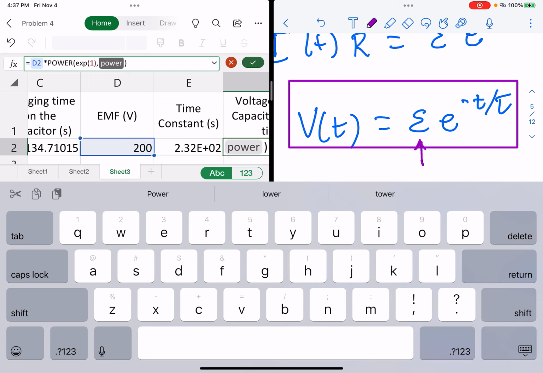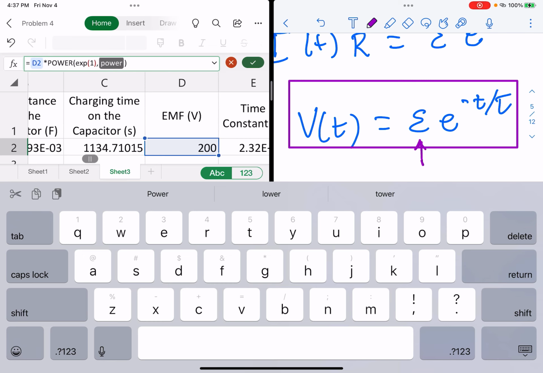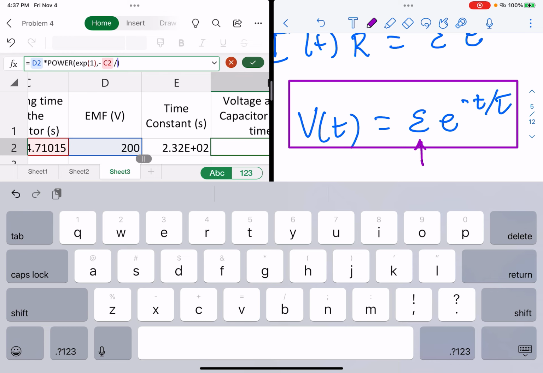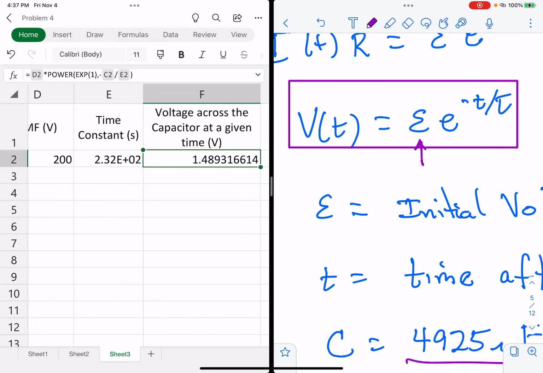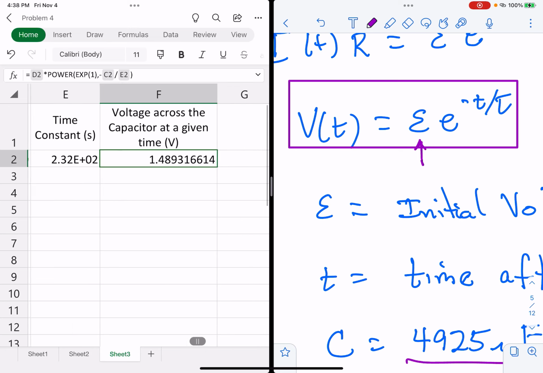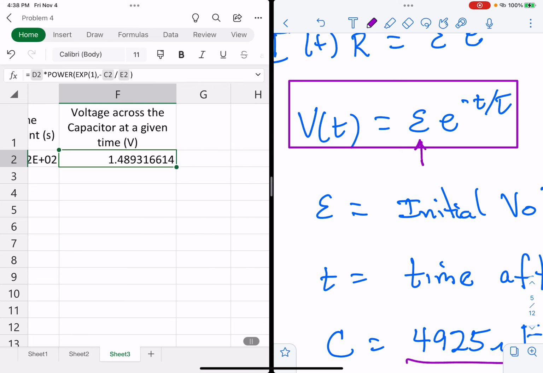That power is the negative time divided by the time constant. And I think that's it. So this is our voltage across the capacitor at the given time.